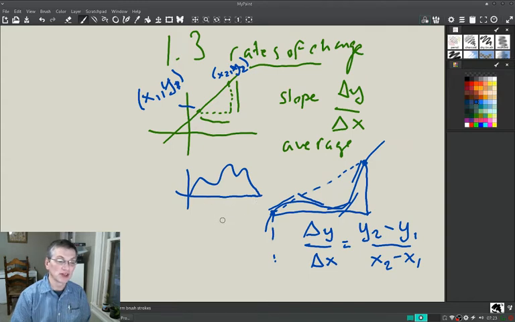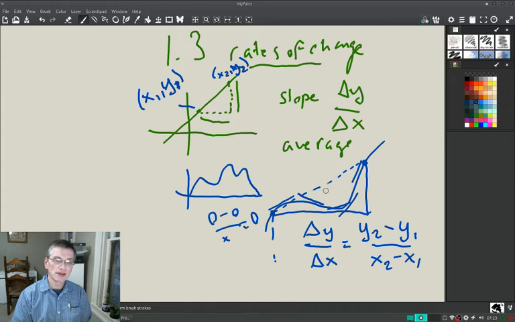If you measure average rate of change from the beginning to the end, both y2 and y1 are 0, so it's 0 minus 0 over some x. So it ends up being 0. So you can lose a lot of detail with the average rate of change, but it's fine for some functions, and we'll use it to get the real rate of change, which is the same as the slope.